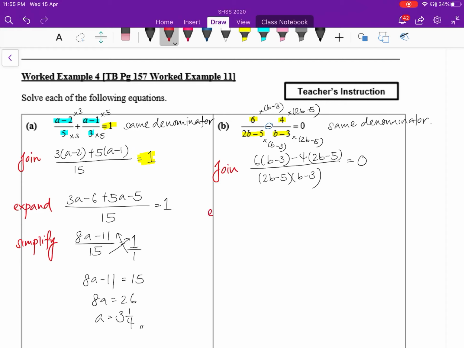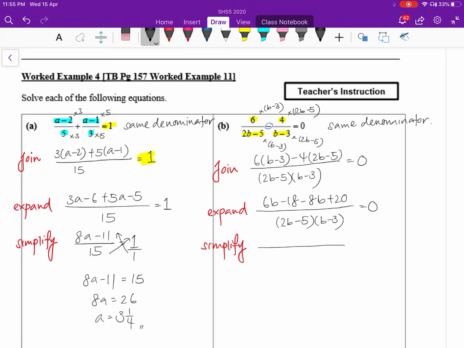After join, I will need to expand. Expand the top, it will be 6b minus 18 minus 8b plus 20 over 2b minus 5, b minus 3 equals 0. Join, expand, last step, simplify.